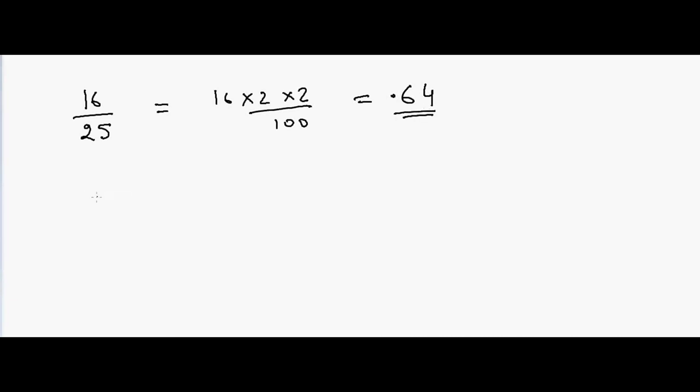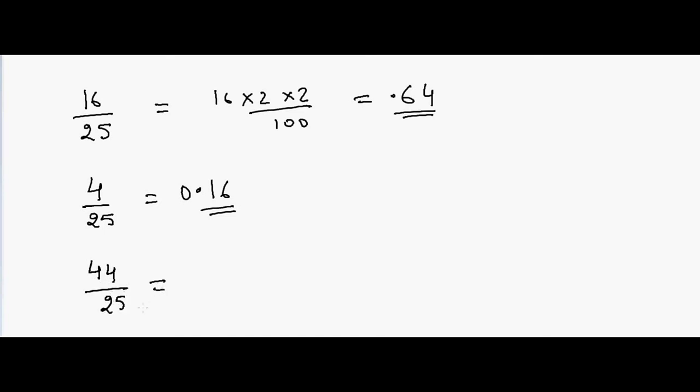Again, if I have 4 divided by 25, so that will be equal to 4 into double of 4 is 8, and double of 8 is 16. Again, another example is if I have 44 to divide by 25.